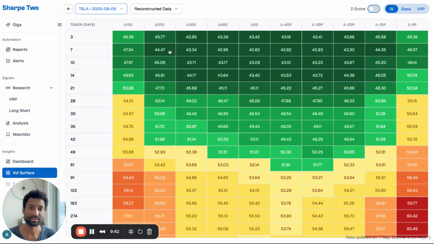So it looks cheap on the short tenors, right, from 3 to 21 days. You have something that ranges from 43 to 48, 50s in the tails, but then as soon as you start to go into the back months, you start to see implied volatility going much steeper and higher, in the 50s.